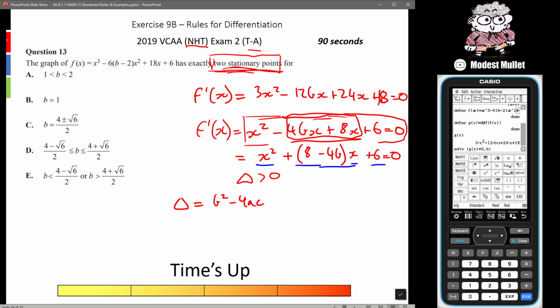So our discriminant after all of that is equal to 8 minus 4b all squared minus 4 by 1 by 6, and all of that needs to be greater than 0 for 2 solutions.